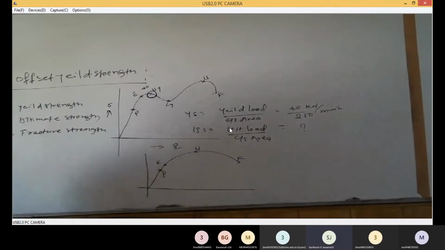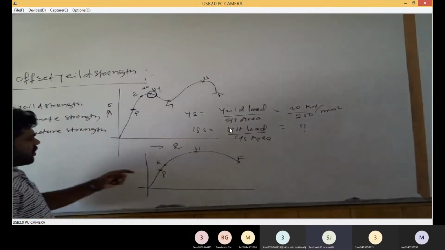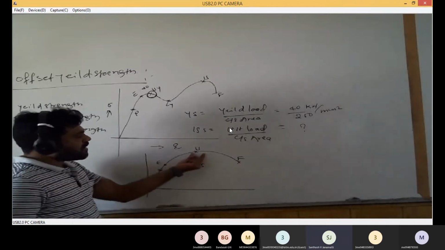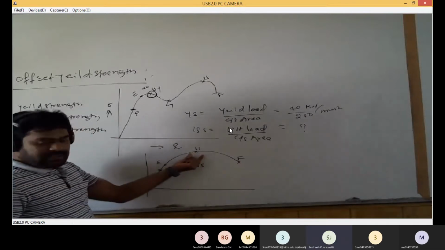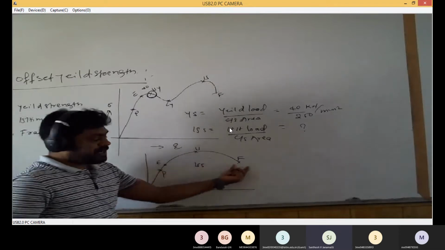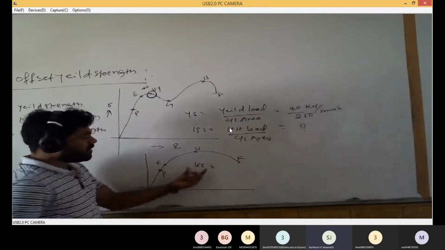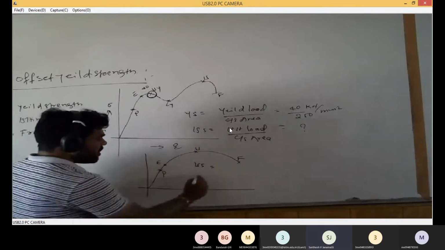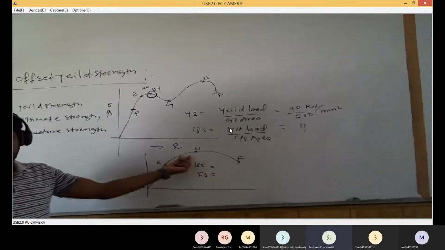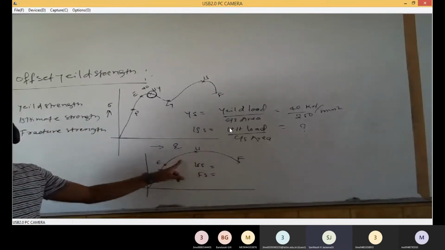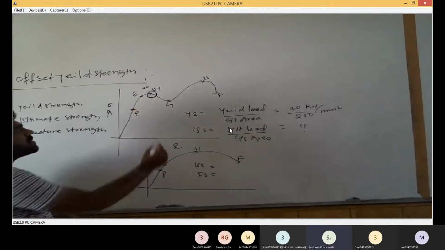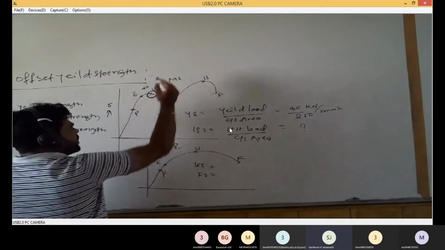In this case, this graph shows only a definite ultimate point and a definite fracture point. Then I can calculate the ultimate strength and fracture strength. But where is the yield? Just to compare, we get a definite yield point for mild steel material. It happens in MS material.